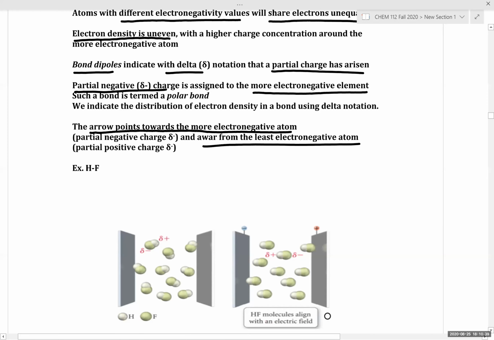So for example, for hydrofluoric acid, HF, not a common reagent in organic chemistry, at least in sophomore organic chemistry, certainly won't be handling it in the lab due to its pretty prolific hazards. We know fluorine, being the king of electronegativity, would draw the electron density in our chemical bond towards fluorine, and fluorine would begin to build up a partial negative charge.